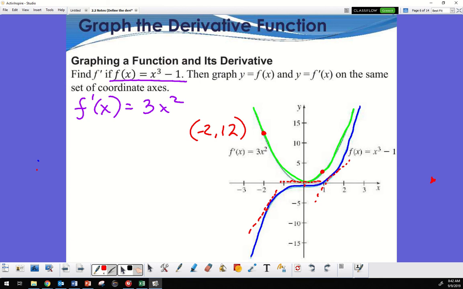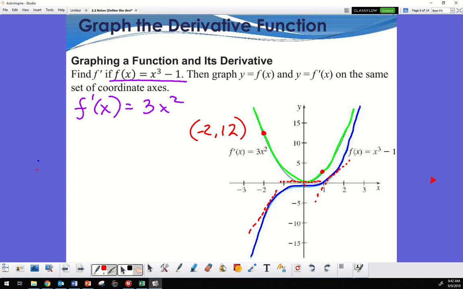So it's 1 squared times 3, which is 3. So my slope is going to be 3 here. It's kind of a hard concept to understand because a lot of people have trouble with this part. Questions? Because we're just talking about understanding what the graph of the derivative is.